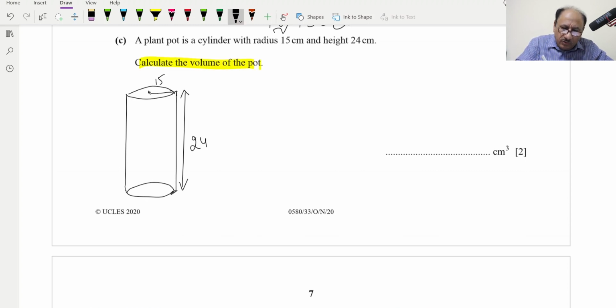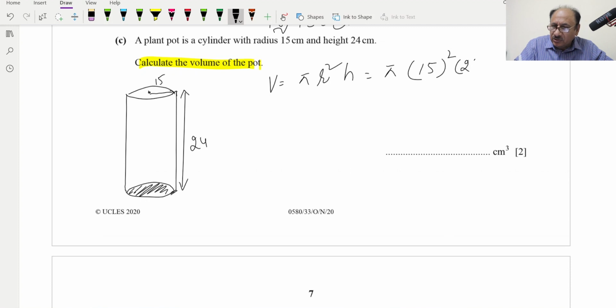So volume of the cylinder is equal to pi r square, which is the face area, multiplied by h. So this will be equal to pi, and r is given, which is 15, pi r square multiplied by h, which is 24.